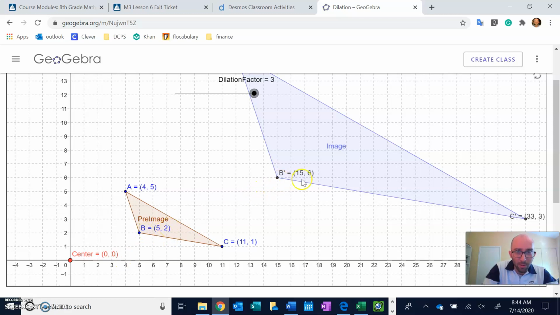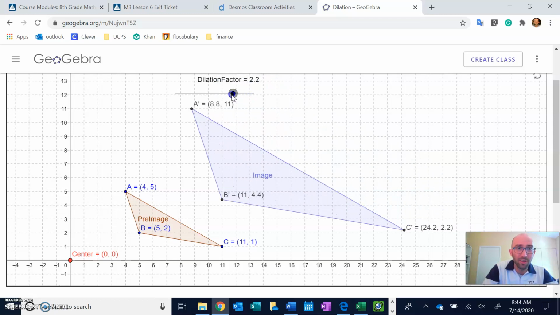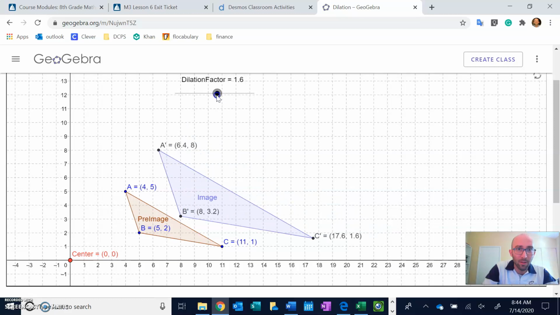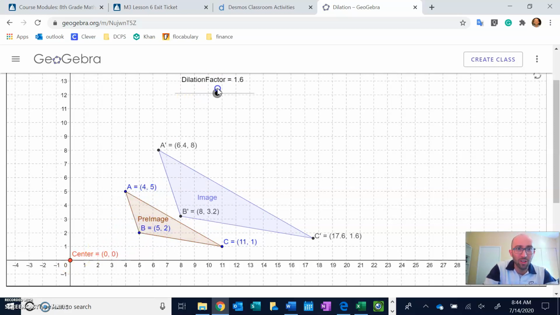Look, (5, 2) becomes (15, 6), multiplied by 3. Let's shrink it back to 2. Still a larger image than the pre-image. Put it to 1. It's overlapping exactly. Let's put it to half, 0.5. That's a scale factor of half like we just did. And look, (4, 5) becomes (2, 2.5) because 4 goes to 2 because of half, and 5 goes to 2.5. I wanted to show you that because when the center is the origin, it just looks different the way you dilate a triangle.